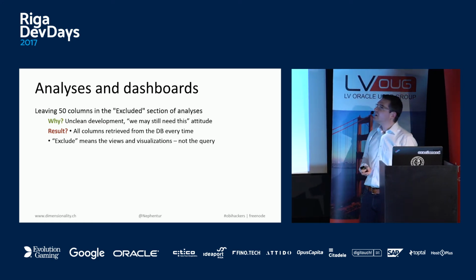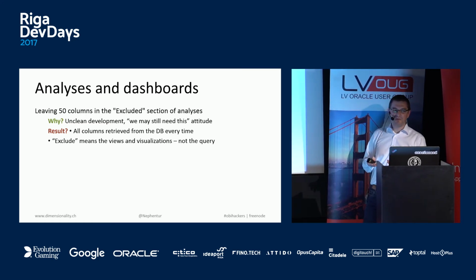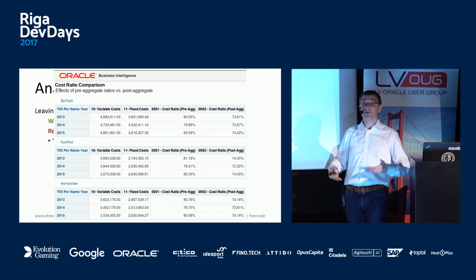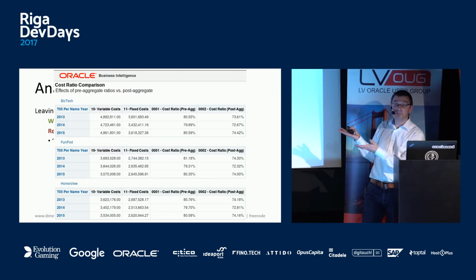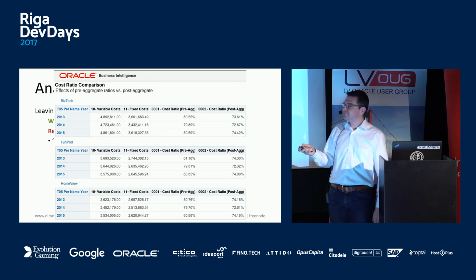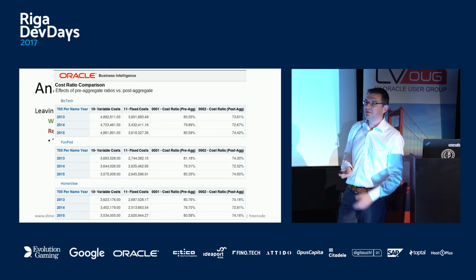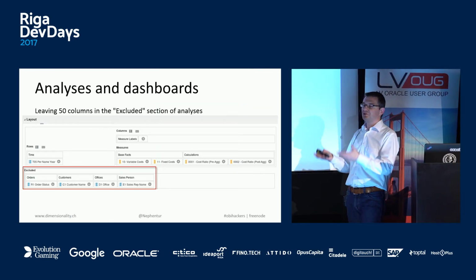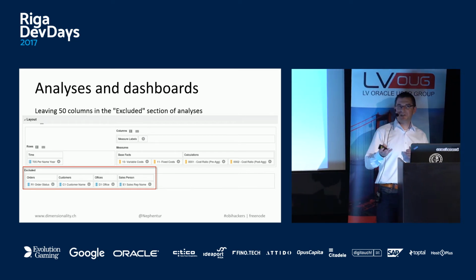Well, you may have something like this, what we had before. Okay, we're actually on the product level and the year level, so aggregated. We have not much coming back from the database. Then you're like, oh, wait. We have this in the excluded because I was developing, or I forgot to remove it, or I just clicked it over inadvertently.